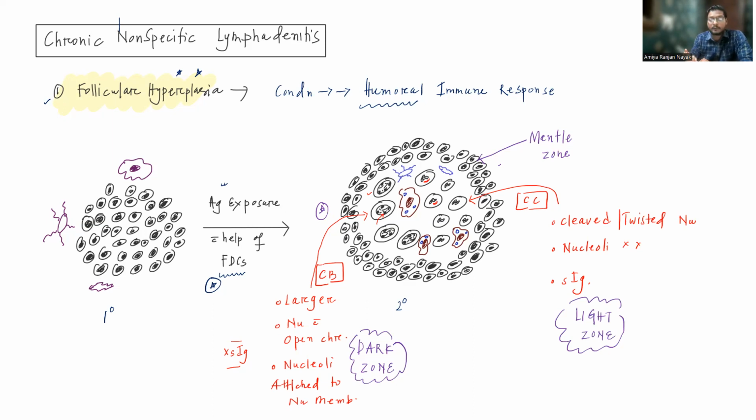So if you see the macrophages inside the germinal center, you can appreciate that they have engulfed the apoptotic materials. As you can see here, this is also a macrophage. This is also a macrophage. Now these macrophages which have engulfed the apoptotic materials are known as tingible body macrophages.